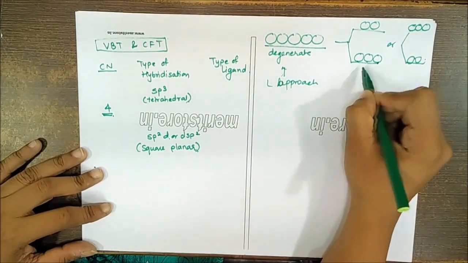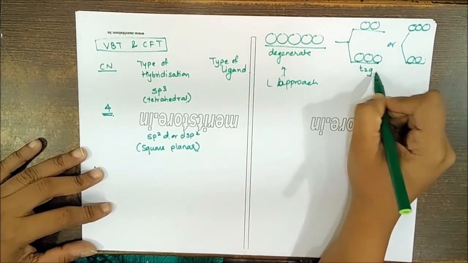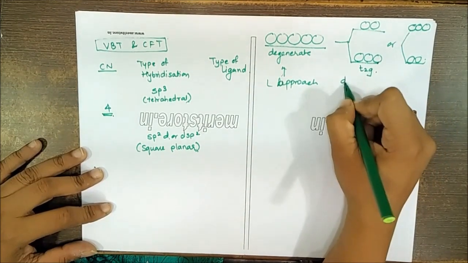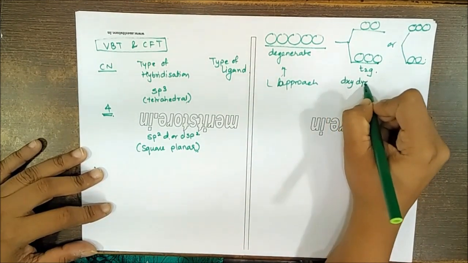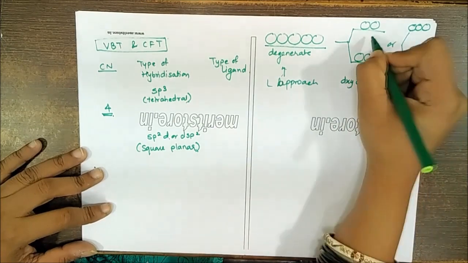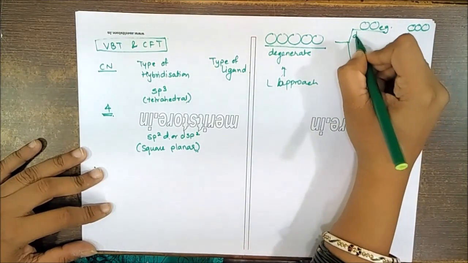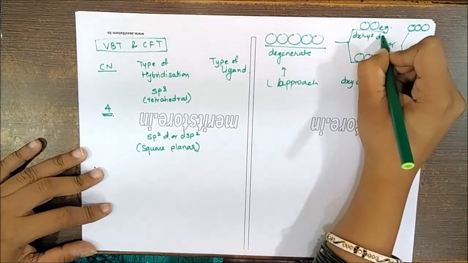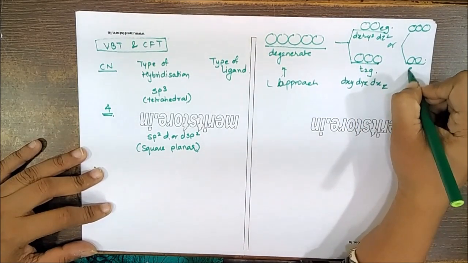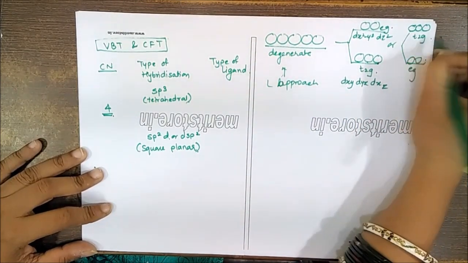When 3 have the same energy, it's t2g, triply degenerate: generally dxy, dyz and dxz. And this is the eg group, that is dx square minus y square and dz square. Similarly here eg is down and t2g is up.